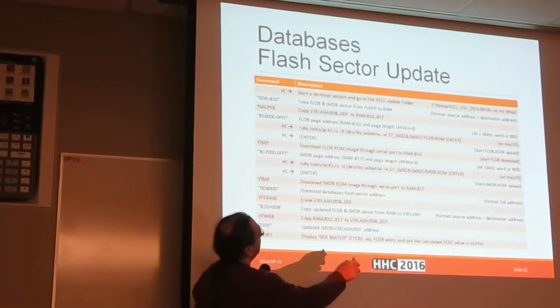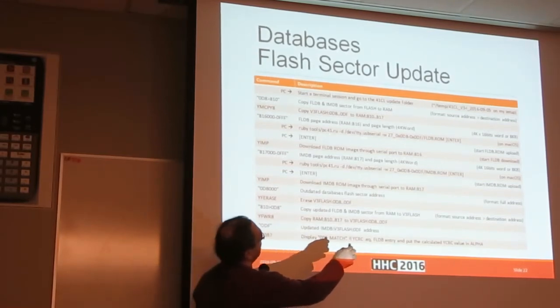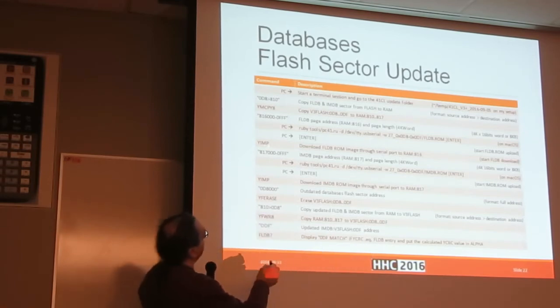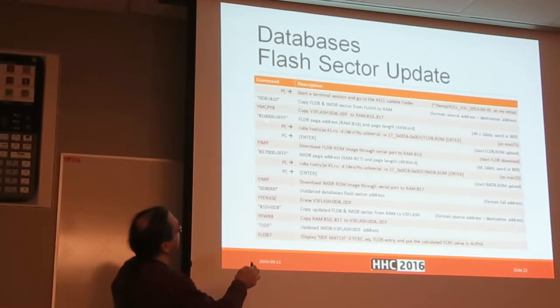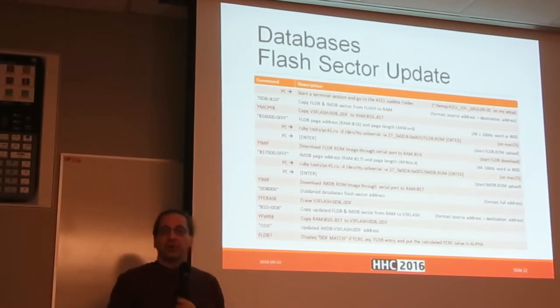I'm saying, run that program from Ruby, use that port, transfer the file, and I've entered that in alpha, and on the 41CL, I do Y import.